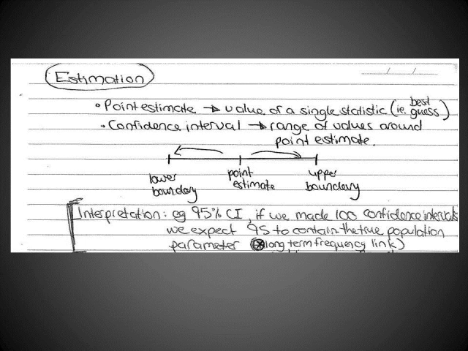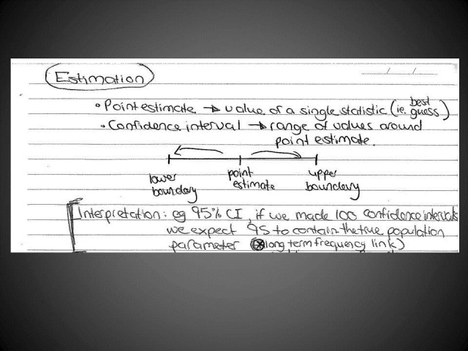If you did that 100 times and they were all 95% confidence intervals, what you're really saying is that you'd expect 95 of those 100 intervals to actually contain the true population parameter, whereas you'd expect 5 not to.